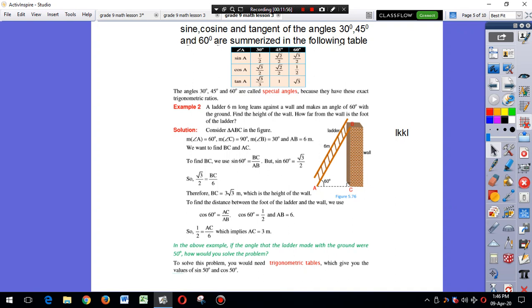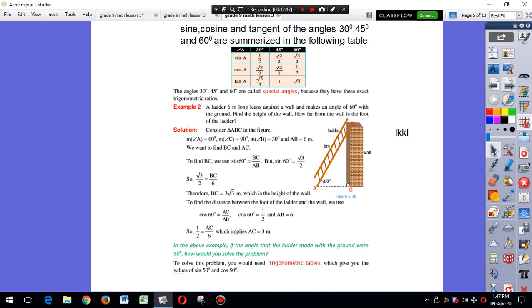Alright, in the above example, if the angle that the ladder made with the ground were 50 degrees, how would you solve the problem? Can we use the special angles? Do you think 50 degrees is a special angle?